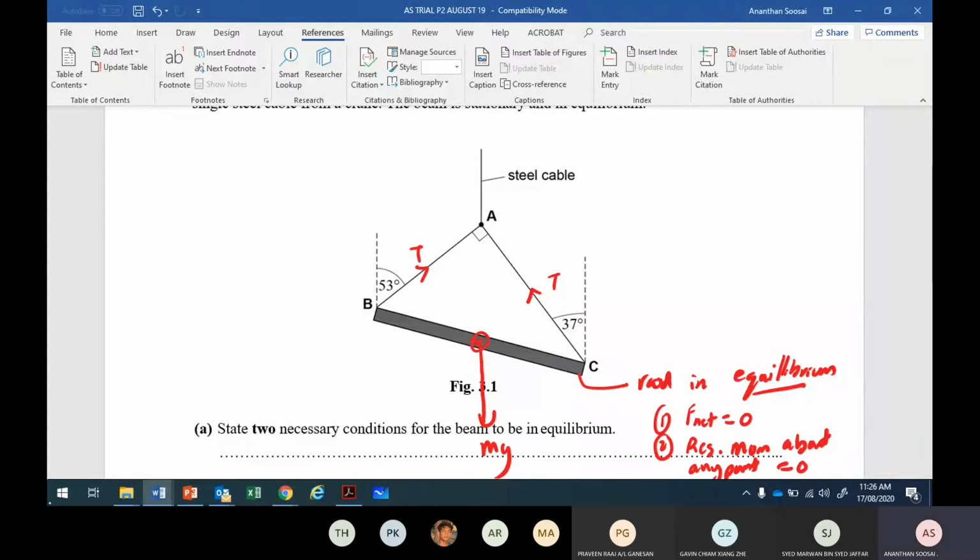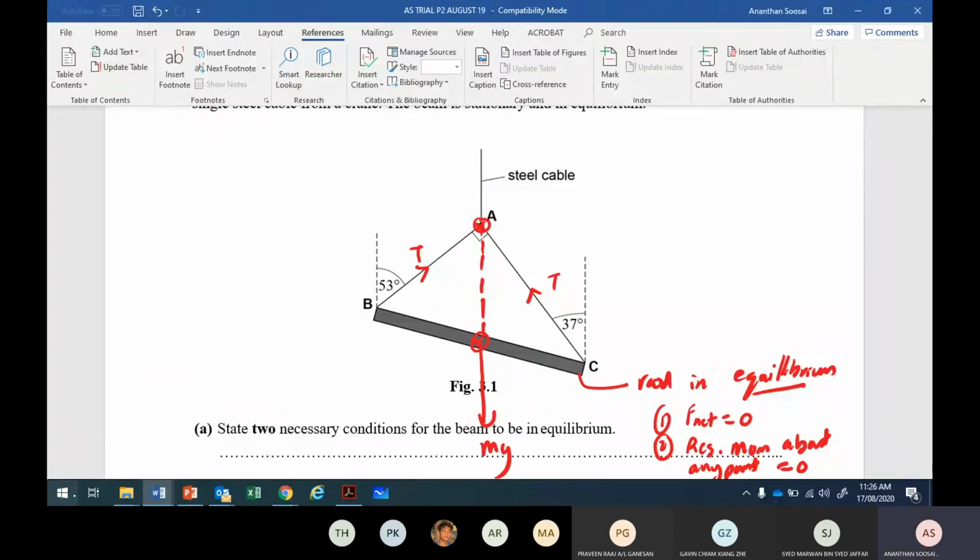I don't know whether you remember, in the PowerPoint last time I had discussed: if a rod is in equilibrium, all the forces must meet up at one single point. Then only can we say the moments are in equilibrium.